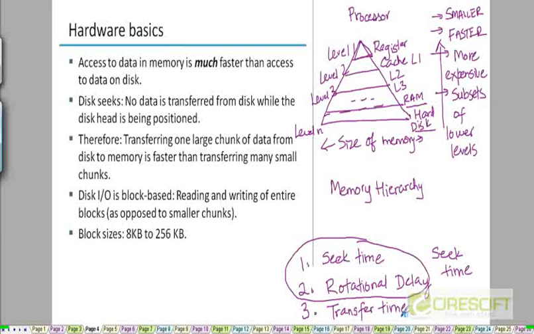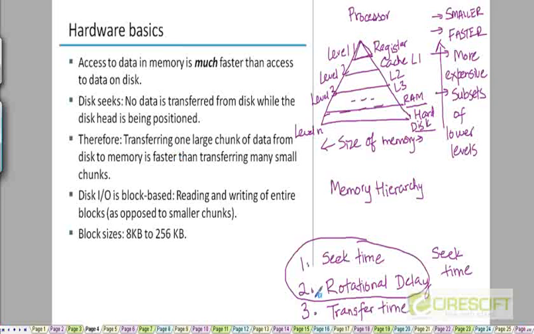Because for the head to mechanically move to the right track and for the track to mechanically rotate so that the data reaches a spot directly under the head, it's going to take a significant amount of time because you have mechanical motion here instead of electronic transfer. So which is why these two times tend to dominate the time in disk transfer.